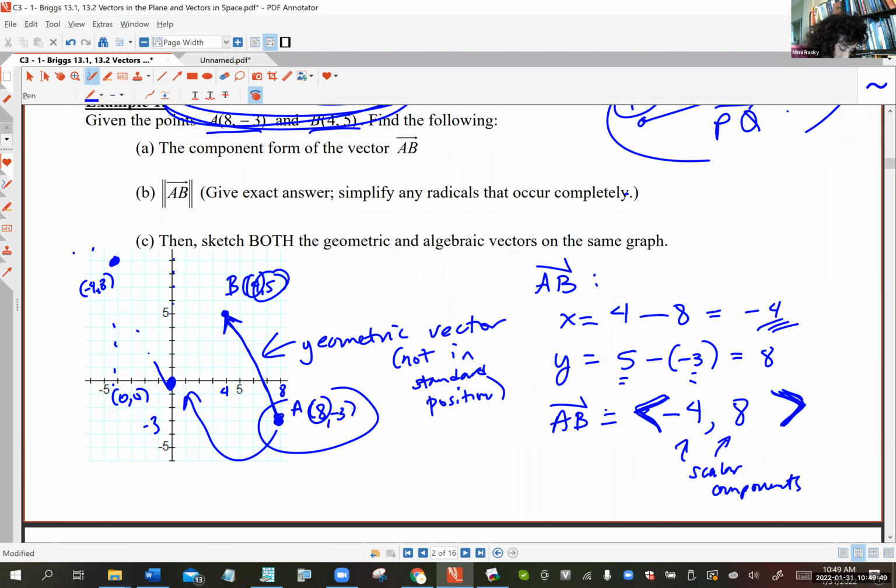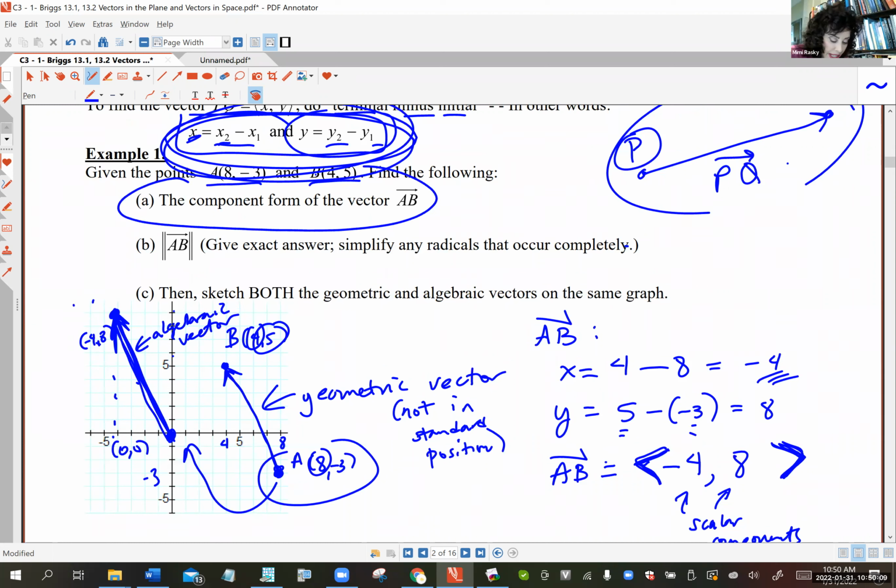The new vector, which is really the same vector as AB, it's just translated over here into standard position now. See? And that's known as an algebraic vector, one that's in standard position. Yay! So the answer to letter A here is -4, 8.